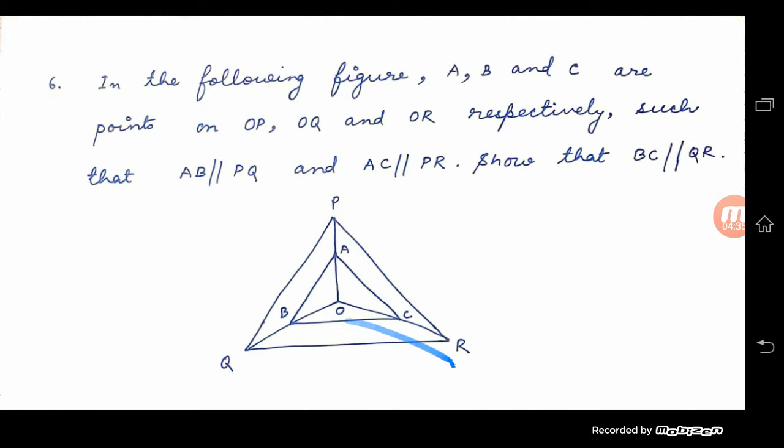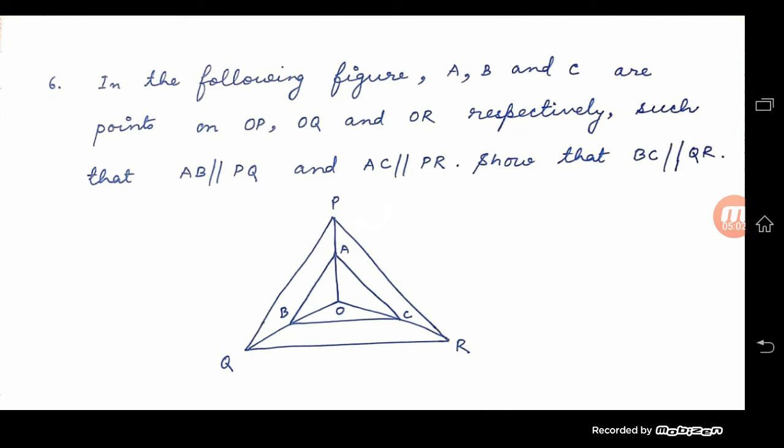Now two conditions are given: AB is parallel to PQ and AC is parallel to PR. You have to show that BC is parallel to QR.